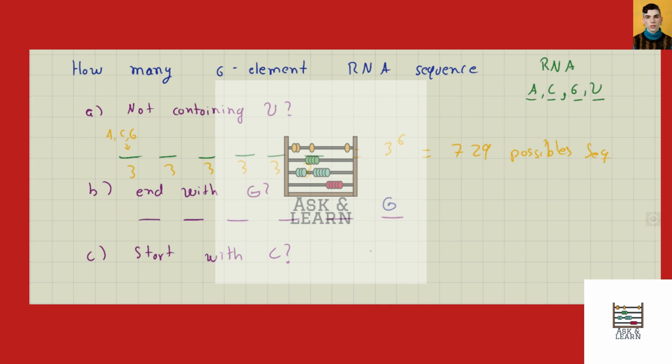It's going to be a guanine there, and we have free choice for the rest of the elements in the sequence. So here we have four possibilities as well, here, here, and here. So you can see that we need to count 4 times 4, 4 times 4, and so on. So we have 4 to the 5 power, and this equals 1000.